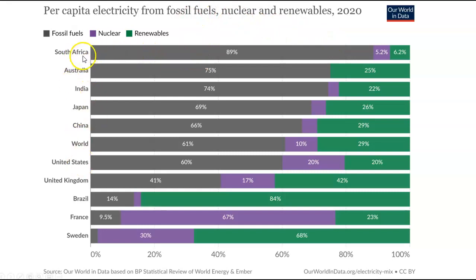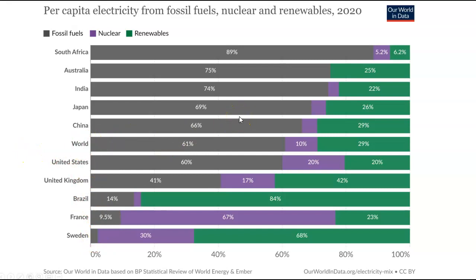So we see many countries rely quite heavily on fossil fuels, like South Africa, Australia, India, etc. Whereas other countries like Brazil, France, and Sweden use very little fossil fuels for electricity production.